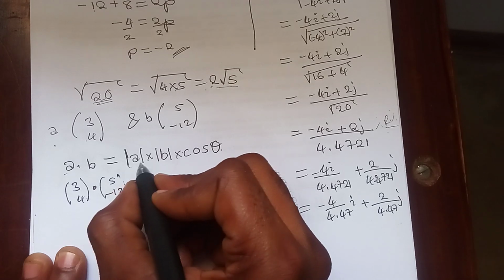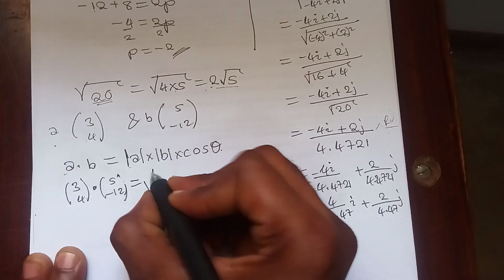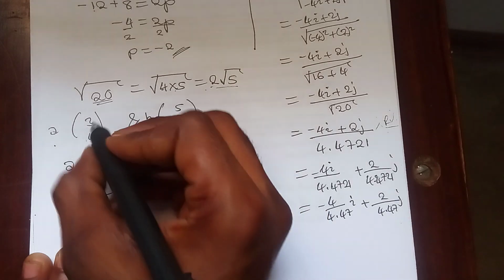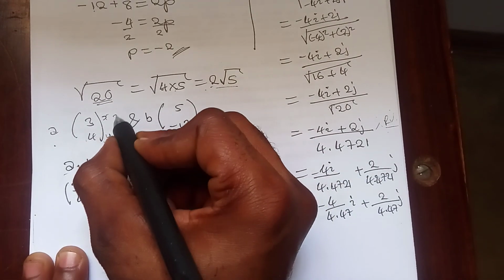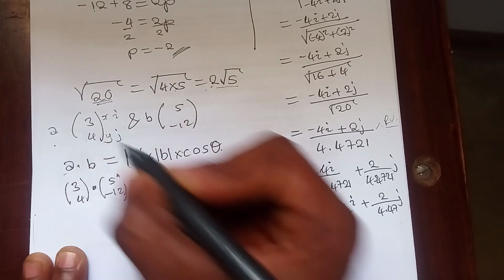To find the magnitude of A, you can just square the x. Remember, this is the x, this is the y. If you are using ij components, this would be the i, this would be the j.